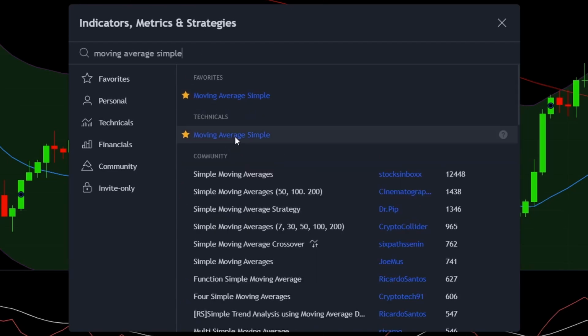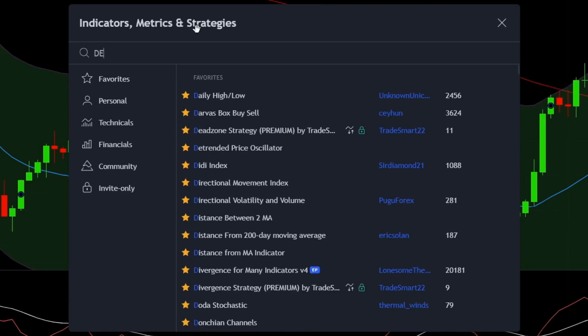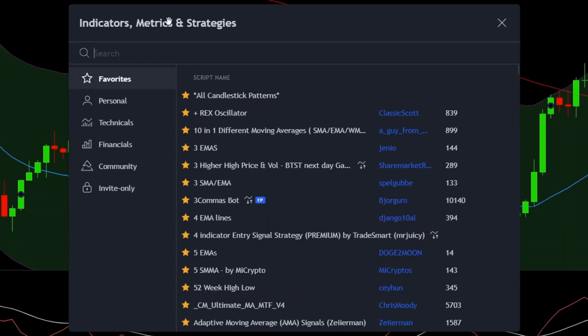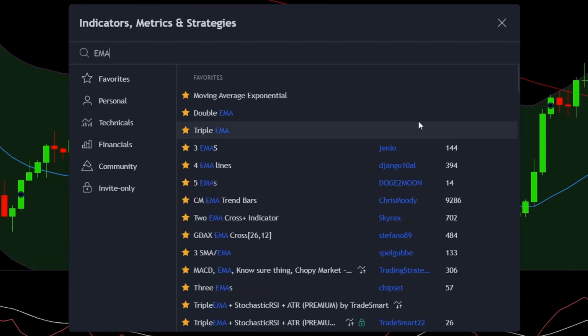Add this one to your chart. Then we will need one double exponential moving average, which is the DEMA for short. Add this one. And finally, we need to add the ADX with an EMA. So type in ADX, add the average directional index, and then type in EMA, and add the moving average exponential.